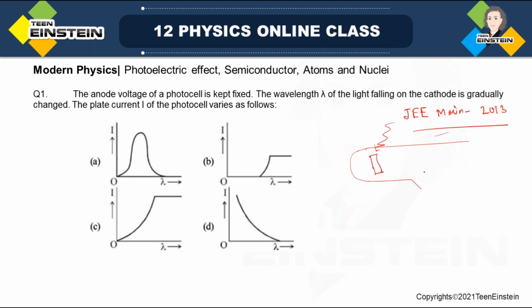Here the light is falling on the cathode, and there is obviously an anode. When the voltage between anode and cathode is fixed, the acceleration of the electrons due to this voltage is always fixed.